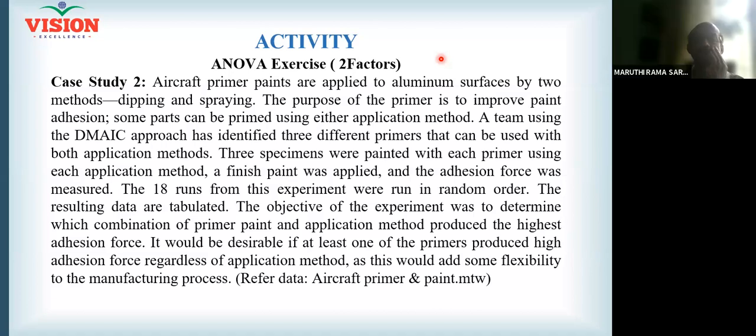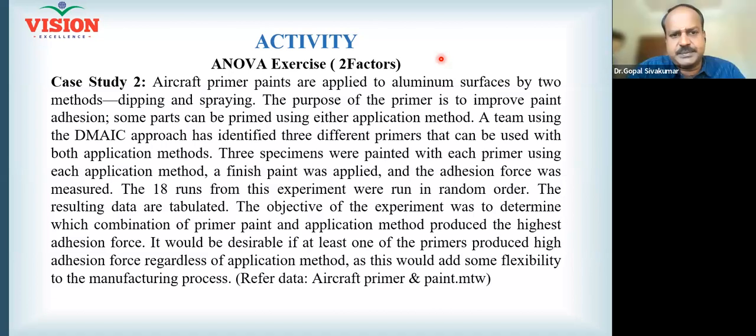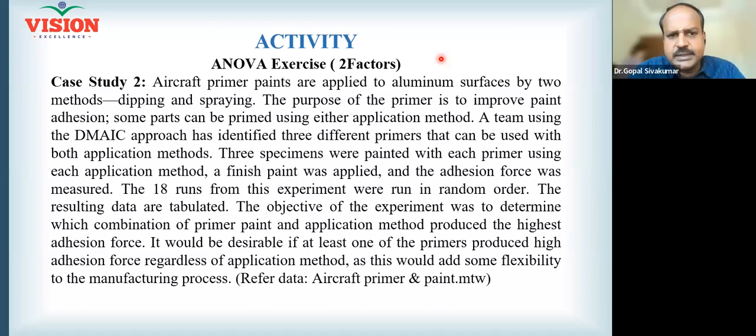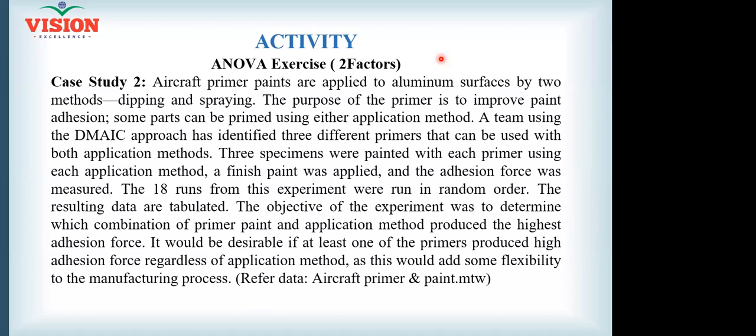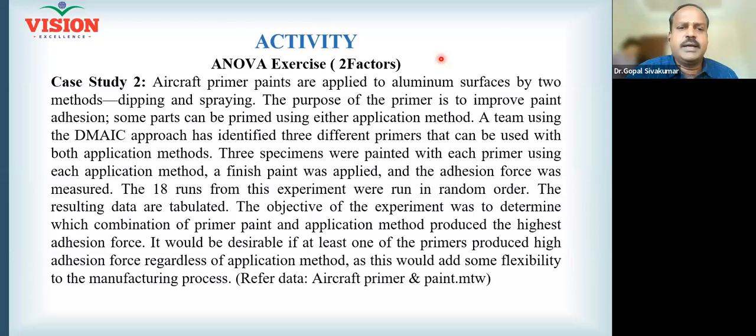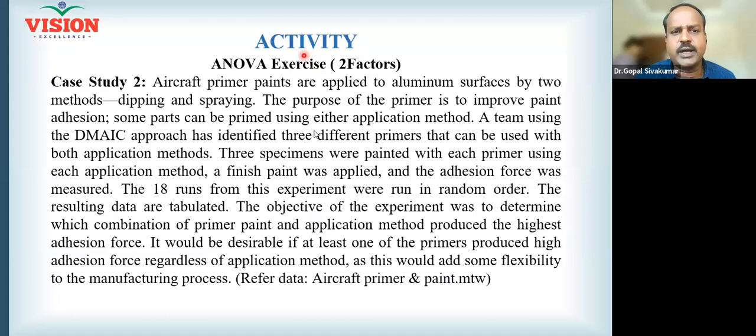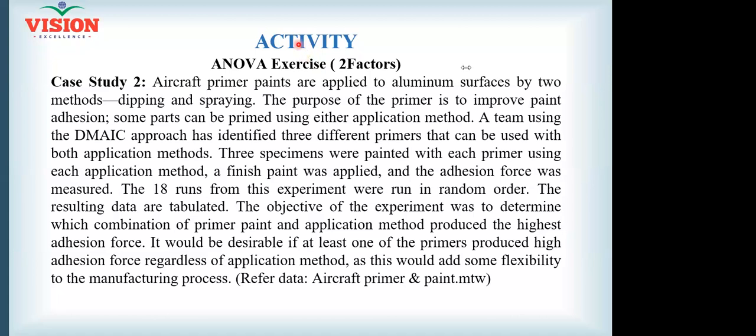Type of primer is one factor. Type of painting method is another factor. So how many factors are there in this problem? 2 factors. It's a 2-factor DOE. And after DOE, it will become a case of two-way ANOVA. For analysis purpose, we'll use a method called two-way ANOVA because there are 2 factors.